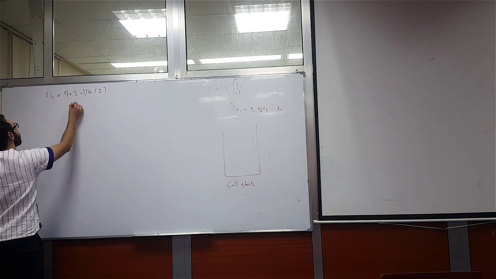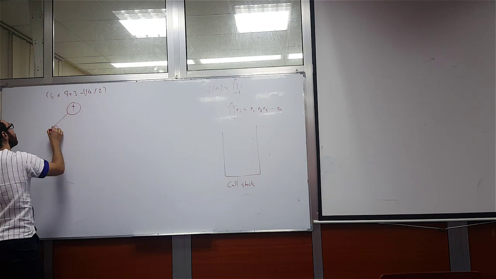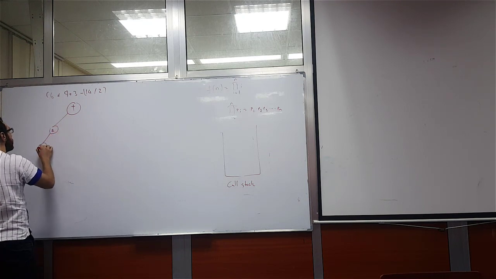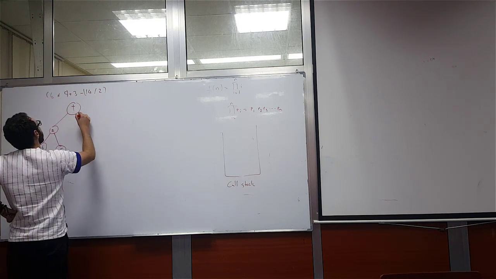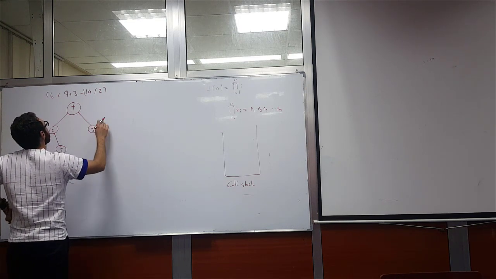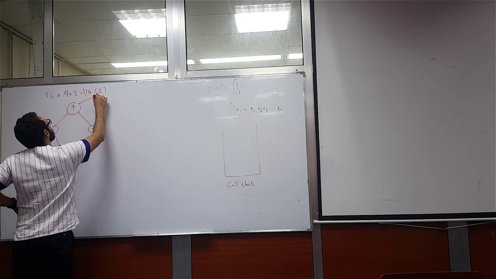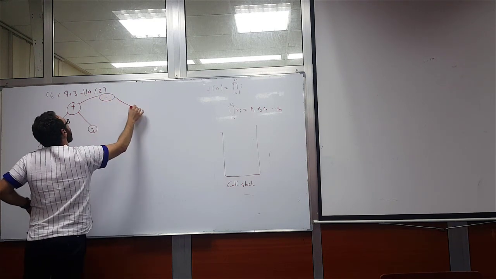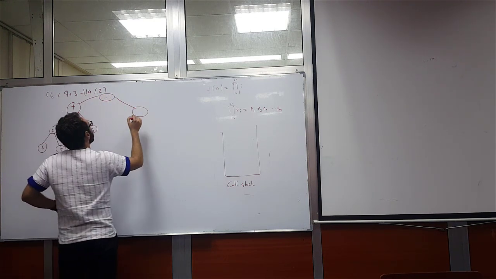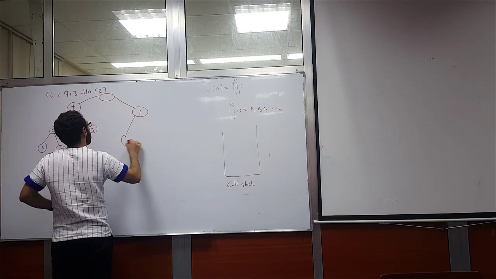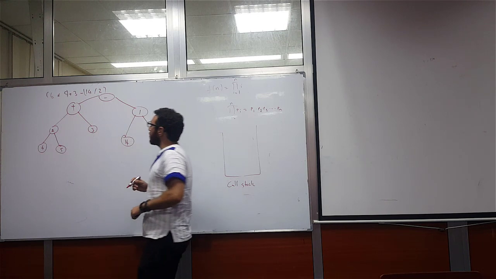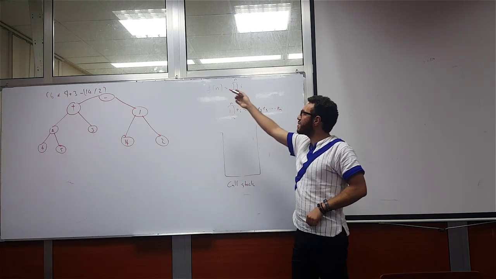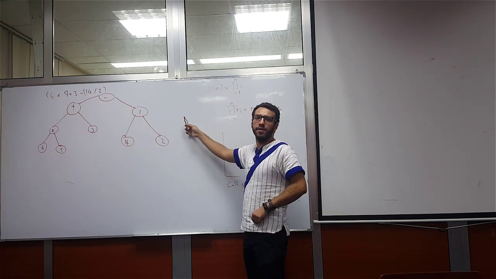On the left we have multiplication, with 6 and 5. And on the right of the plus we have 3, of course. And we have minus, with 14 and 2. Basically this infix expression can be represented in a tree like this, right?